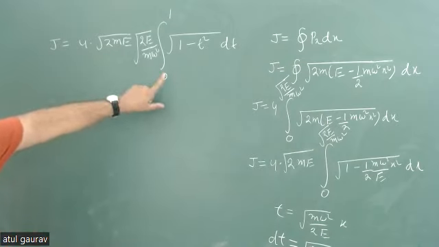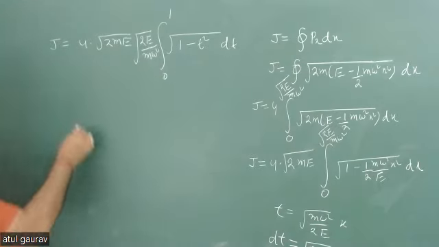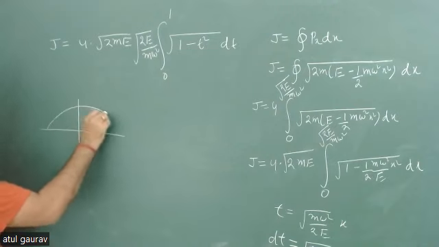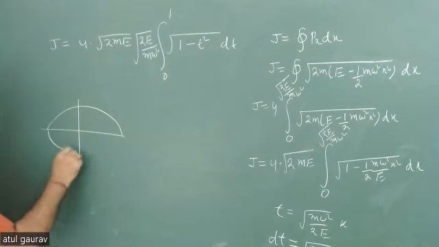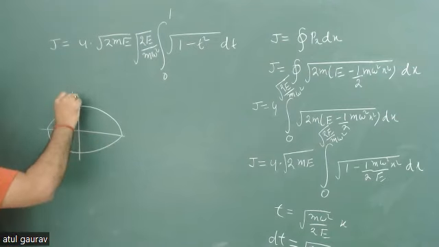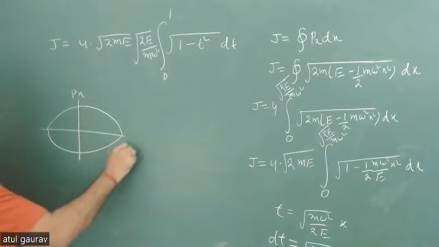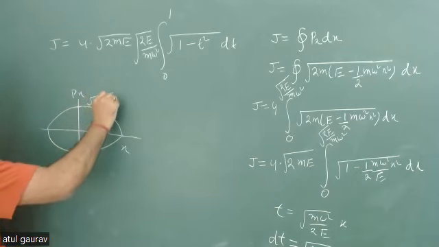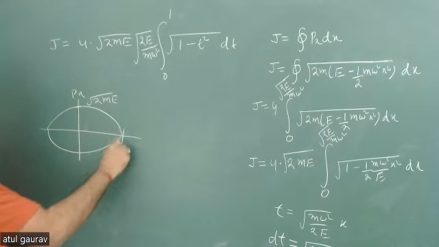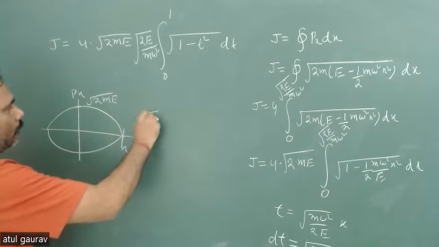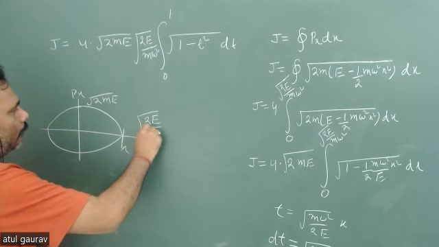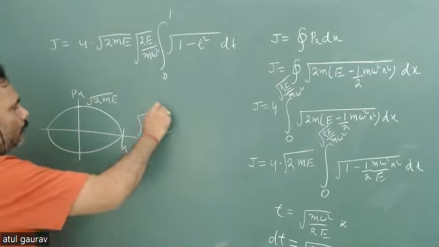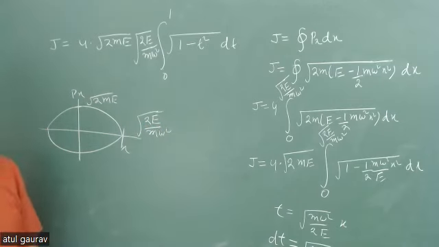Now look at here. If you are just watching this particular phase curve, very interesting. और इसको देखो, हम ऐसे भी कर सकते हैं, बहुत फास्ट भी आप एग्जाम में करोगे. This is basically px versus x. This value is equal to nothing but root under 2mE, and this value is nothing but root under 2E upon m omega square. Yes.